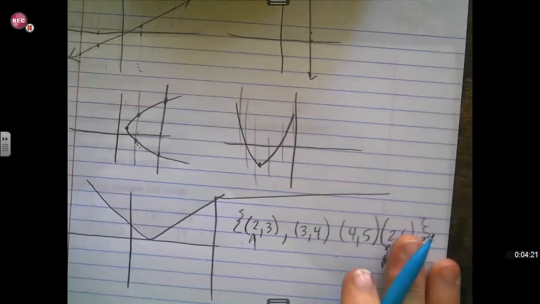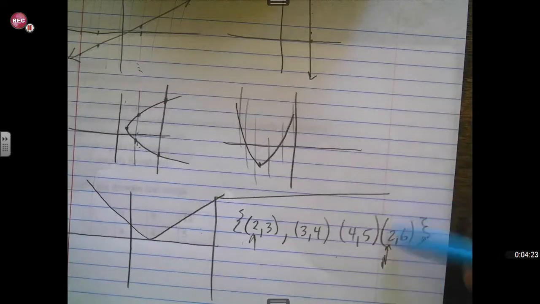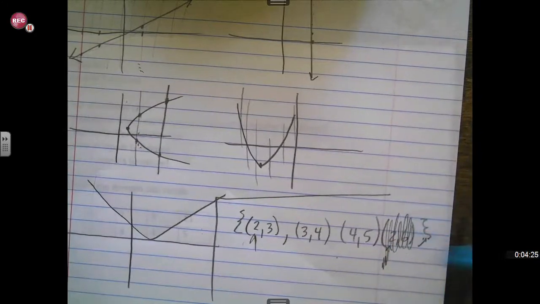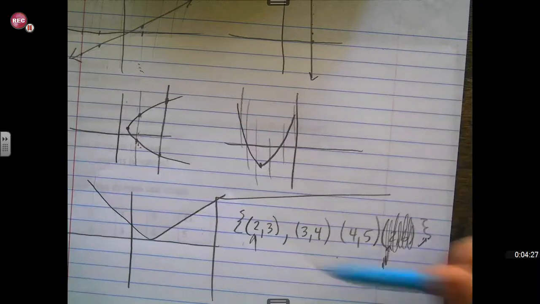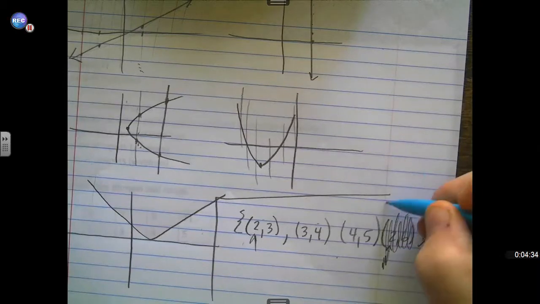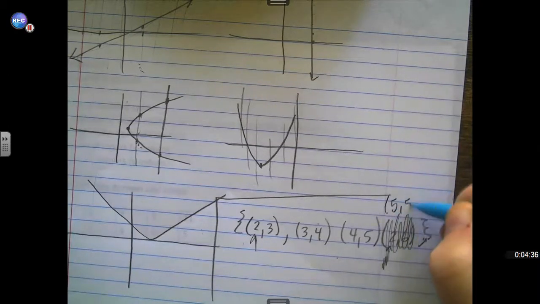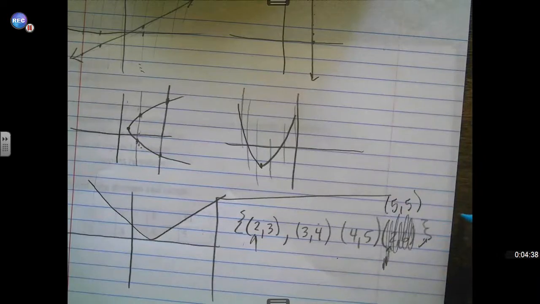And so therefore, that's not a function. If I get rid of this last point, the 2, 6, now it is a function, because every x value has a different y value. And if I also had the point 5, 5, that would still be a function.